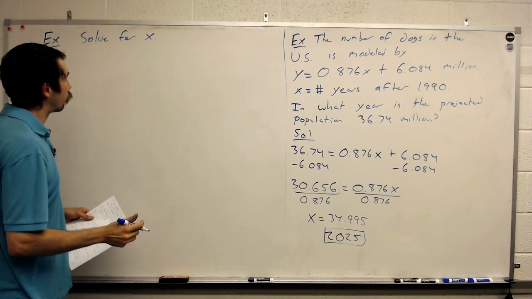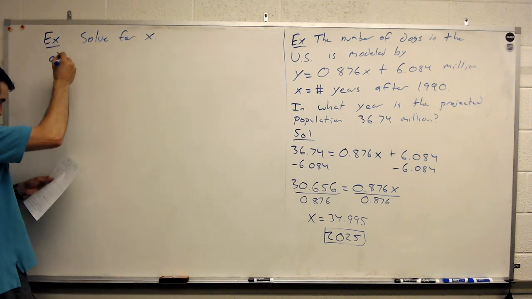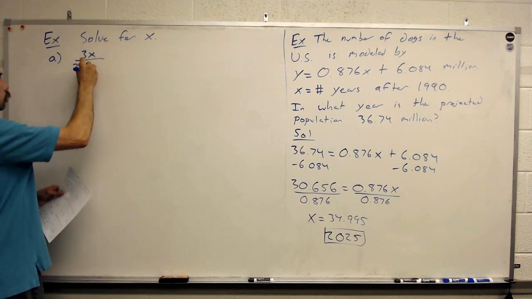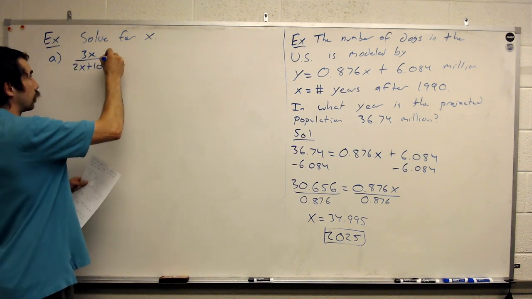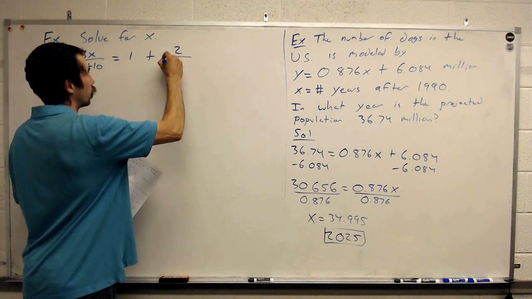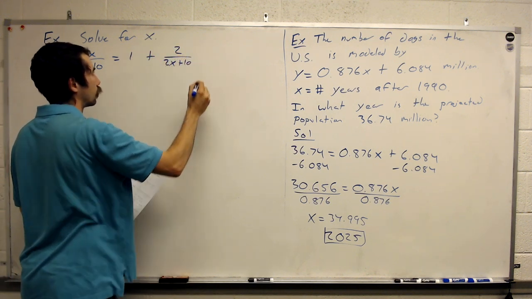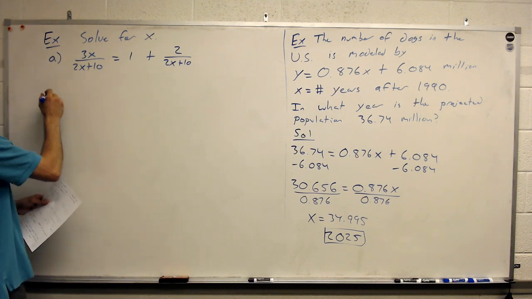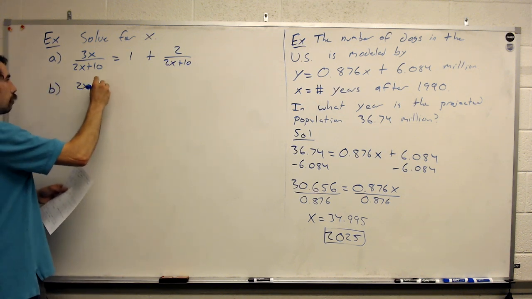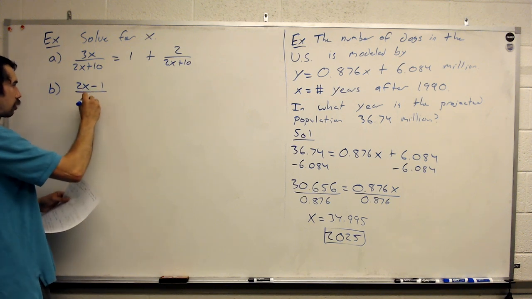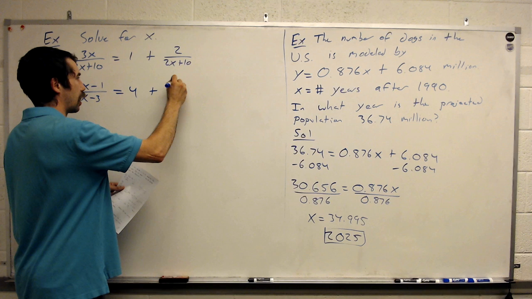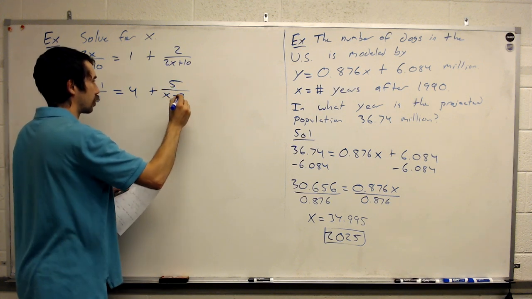All right, so let's solve for x. First one is 3x over (2x plus 10) equals 1 plus 2 over (2x plus 10). And then the second one is (2x minus 1) over (x minus 3) equals 4 plus 5 over (x minus 3).